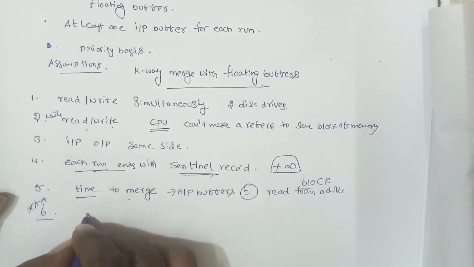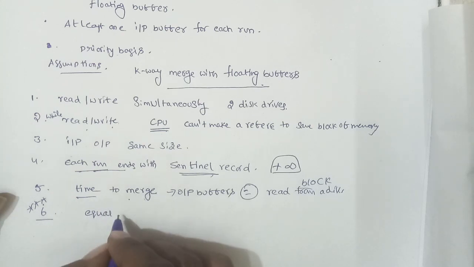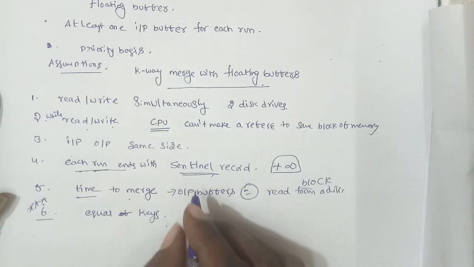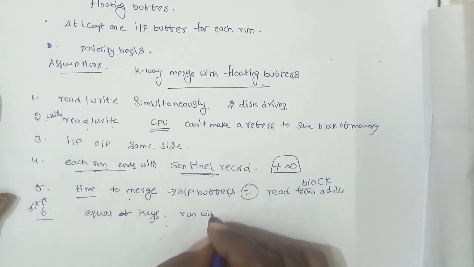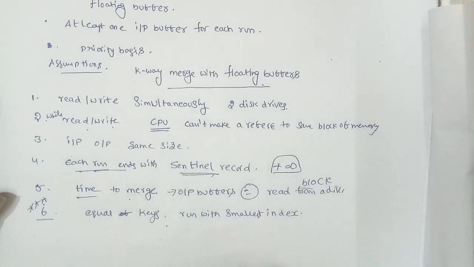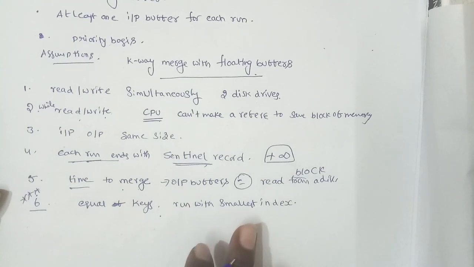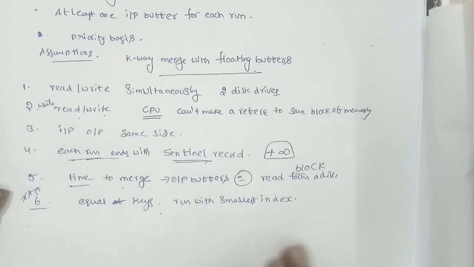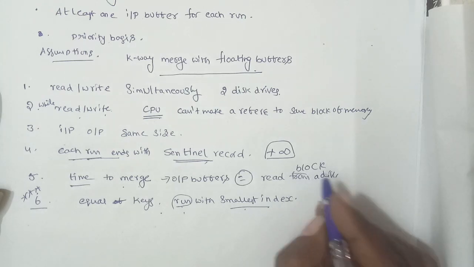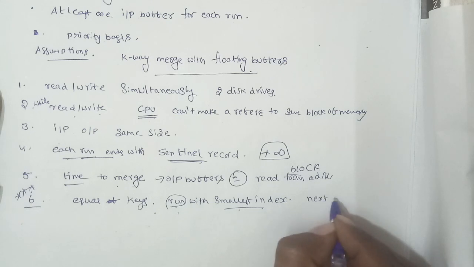This one is very important. In the case of merging equal keys, if run 1 and run 2 both contain the same keys, which one do we select? We select the run with the smallest index. So we choose the key from run 1, since it has the smallest index, and it is chosen for the next read operation.